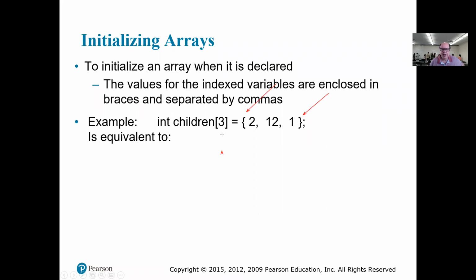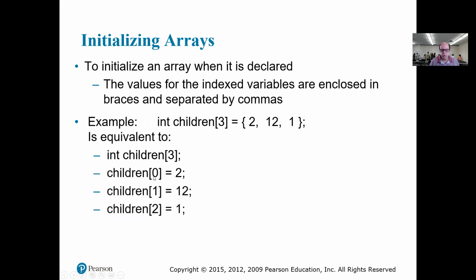If I have size 3, and I put braces and put the numbers in there, because it's integer, it's going to put these values in there. This is the same as declaring an array called children with 3 elements, and then you would put index 0 value 2, index 1 value 12, index 2 value 1.